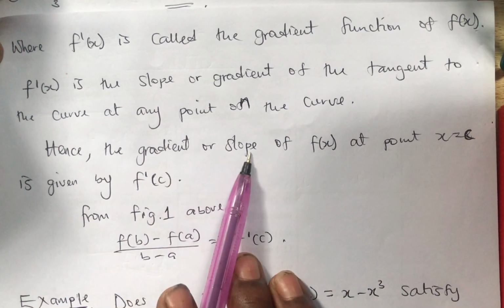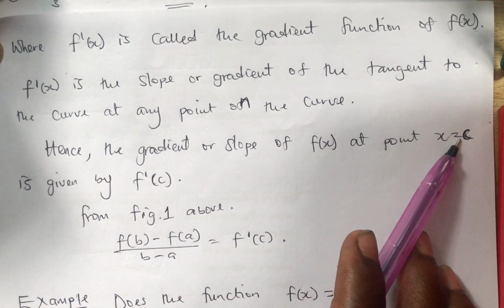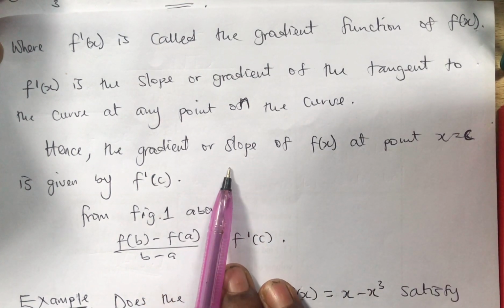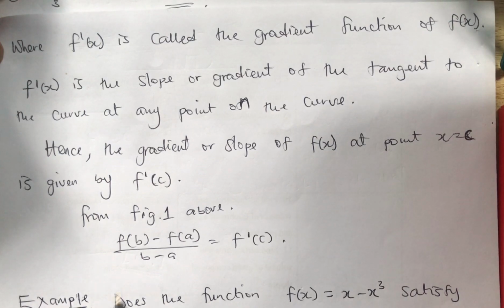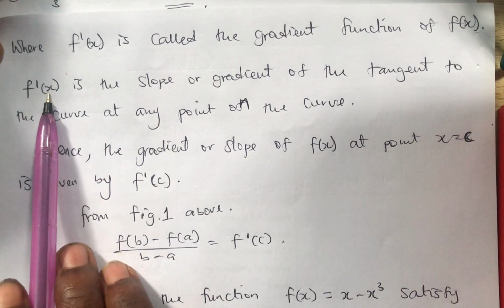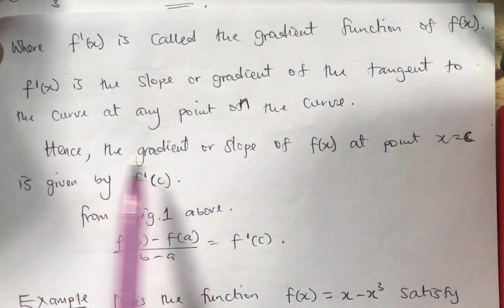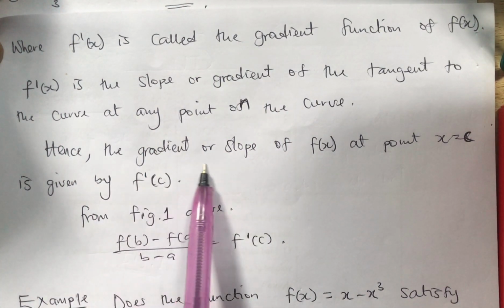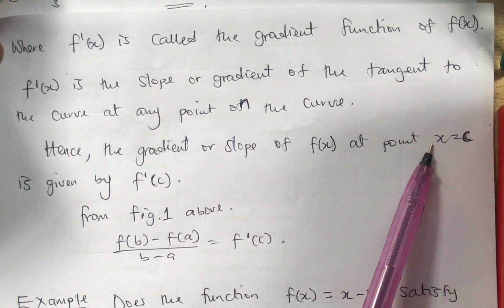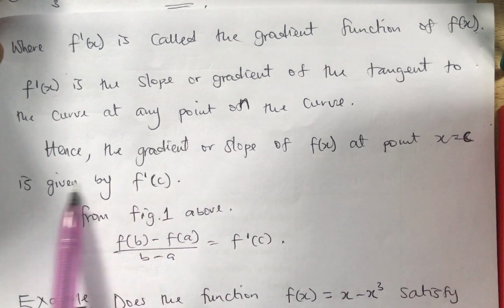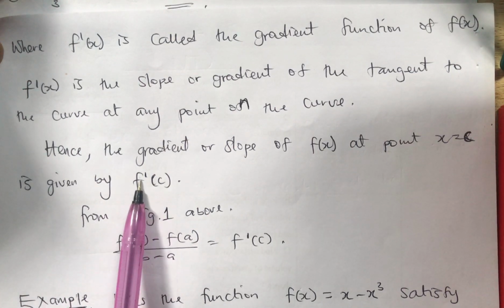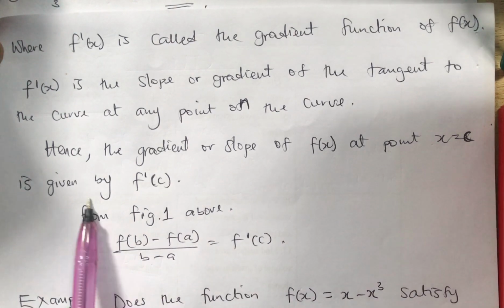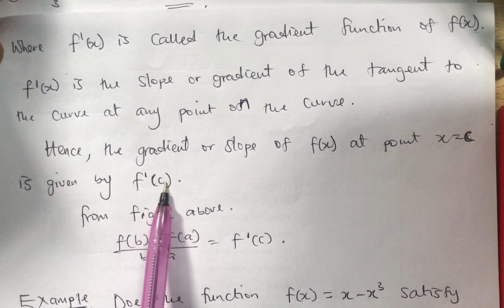Hence, the gradient or slope of f of x at the point x equals c: f prime of x is the general gradient of the curve at any point, but if we want to know the gradient of f of x at a particular point x equals c, then it is given by f prime of c. We just change our x to c.